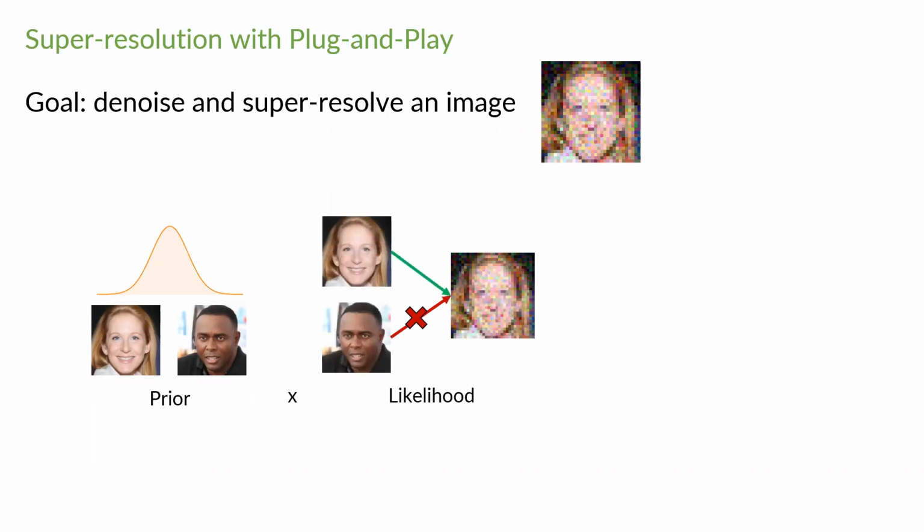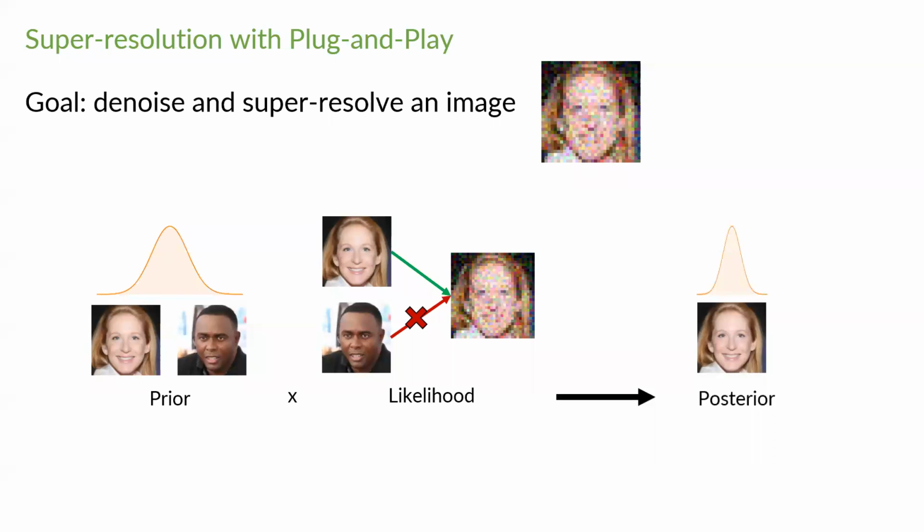And I can combine it with the likelihood function. So basically, this likelihood function will tell us how likely it is for this high resolution image to downsample and add noise to get this low resolution noisy image that we observe. So of course, the upper image is more likely to downsample and generate this type of image than the bottom one.